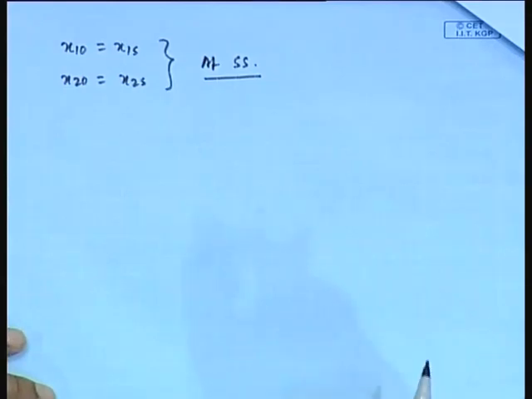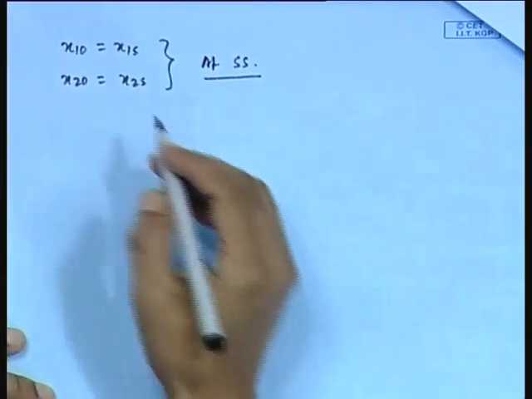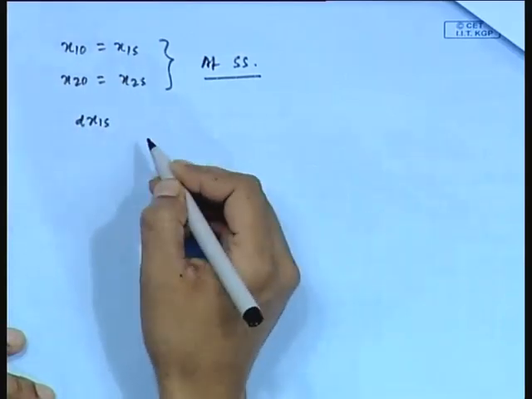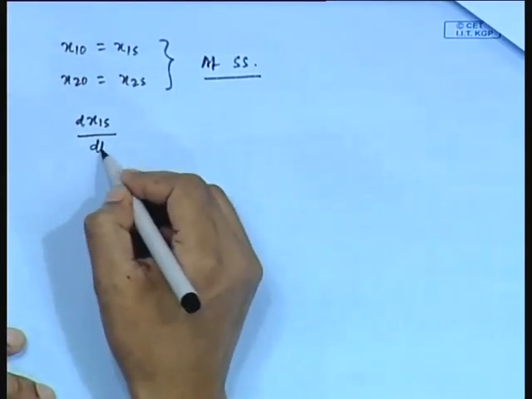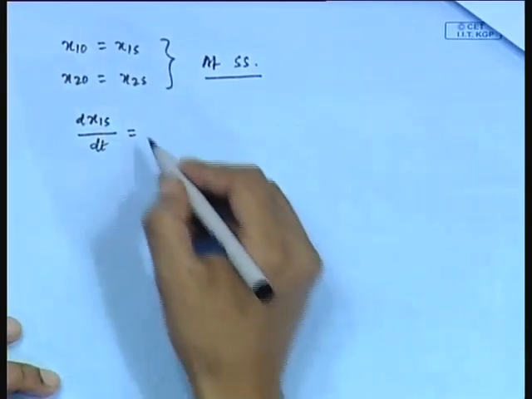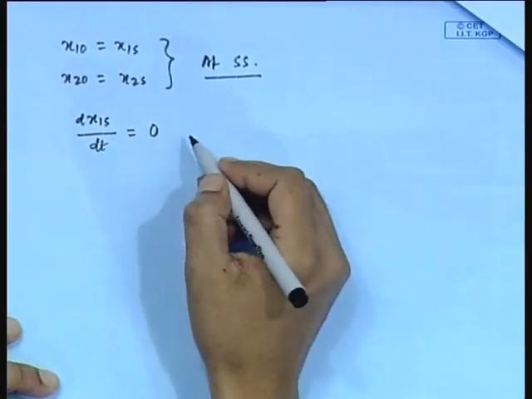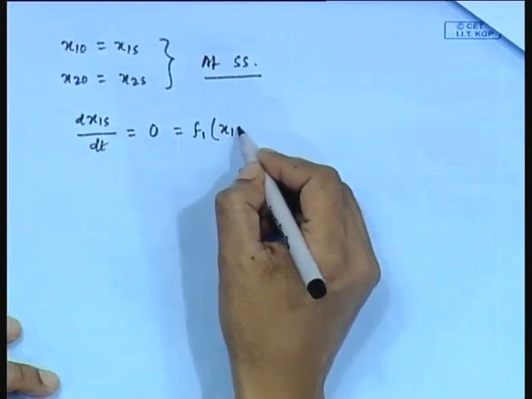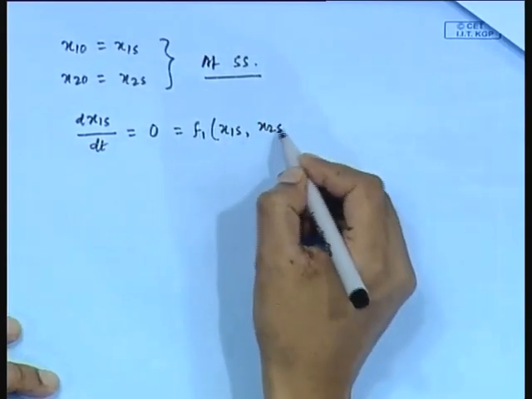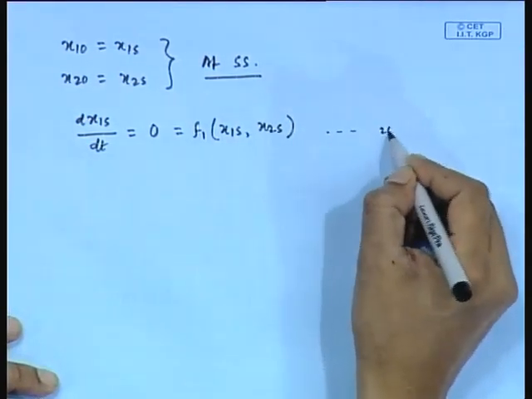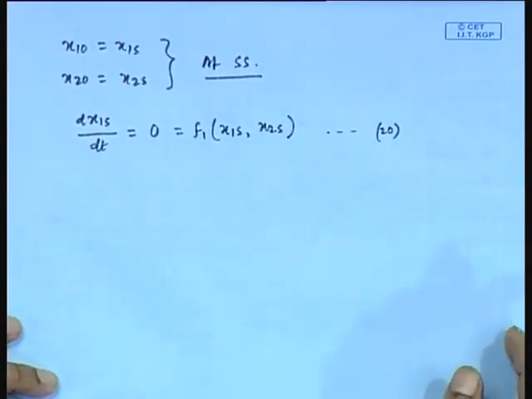So, how can we represent the modeling equations at steady state? The first equation will be dx1 s/dt. Since x1 s is a constant, we can write it as 0, equal to the first function, which is a function of x1 s and x2 s. This is equation number 20.